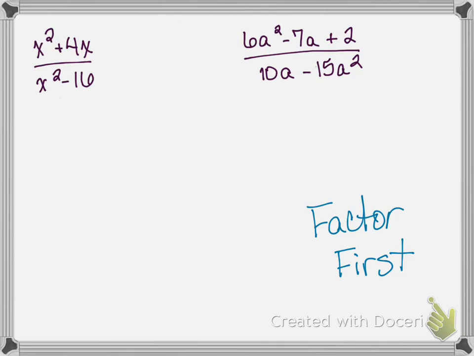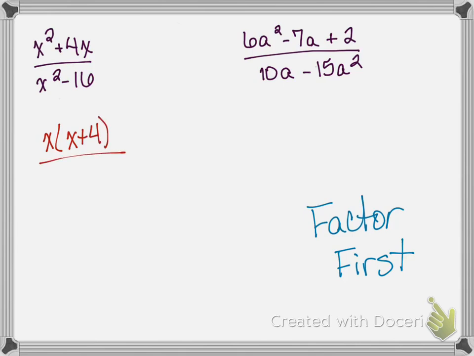Okay, so for my first one, x squared plus 4x over x squared minus 16, what is a common factor with x squared plus 4x? What's the greatest common factor? X. Okay, so that factors to x times x plus 4.